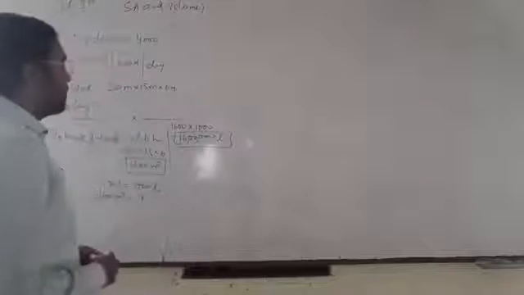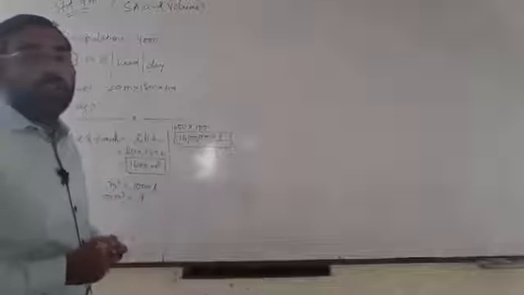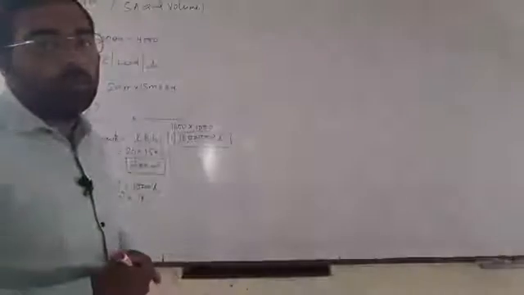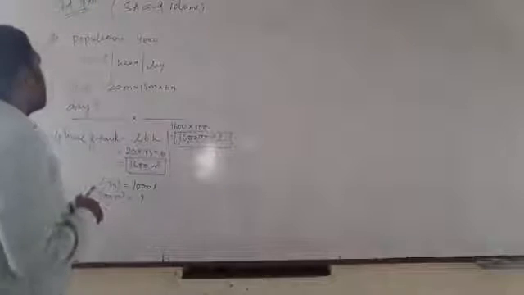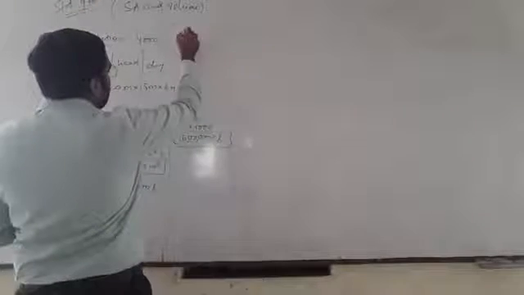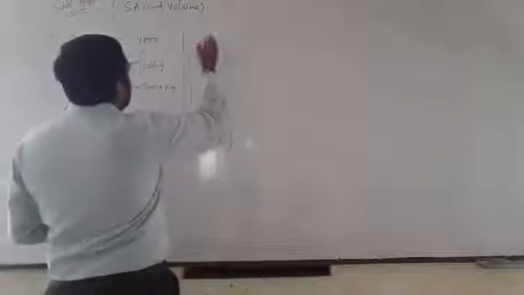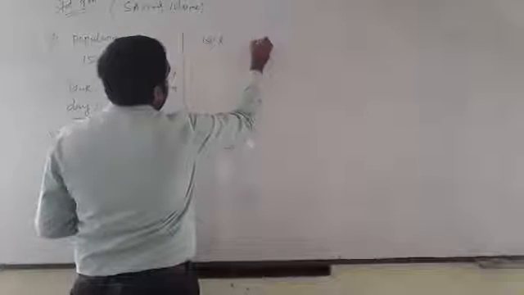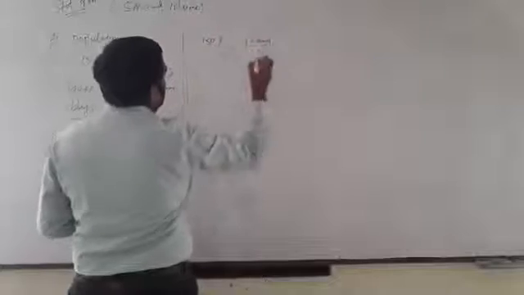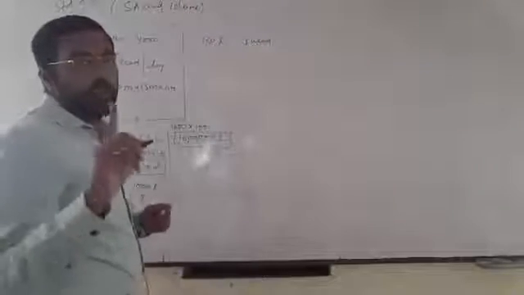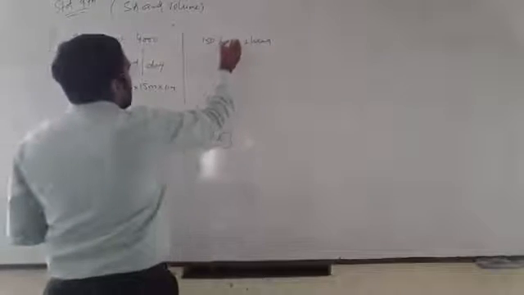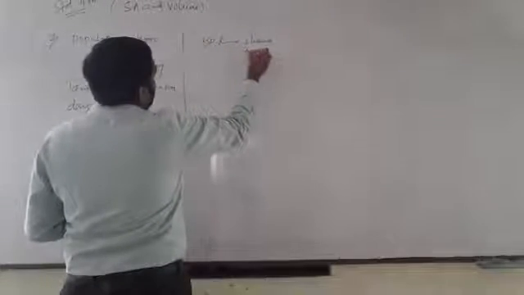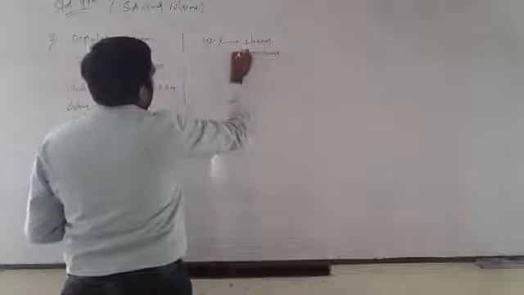Now we have to find how much water is required for one person. It has already been given that it is 150 liter per head. Per head means one person. Now there are 4000 heads, meaning 4000 persons in the village.